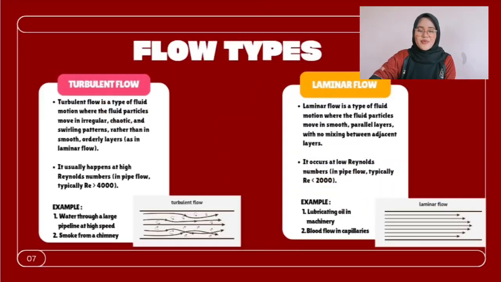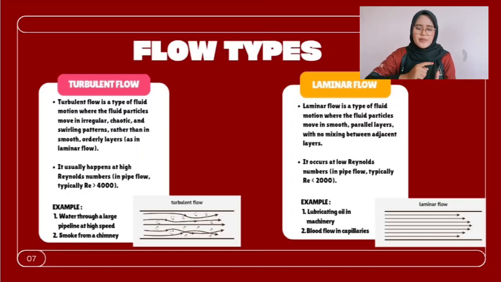I will explain 2 types of flow, which are turbulent flow and laminar flow. So what is turbulent flow? Turbulent flow is a type of fluid motion where the fluid particles move in irregular, chaotic, and swirling patterns rather than in smooth orderly layers as in laminar flow. It usually happens at high Reynolds numbers.